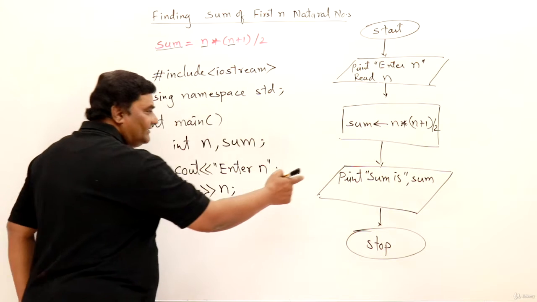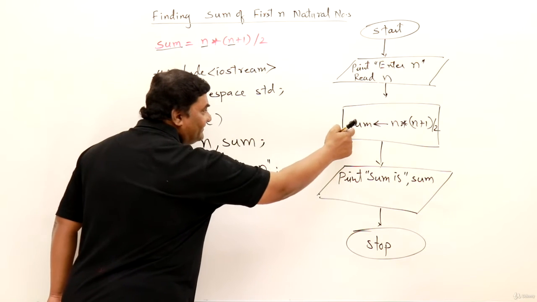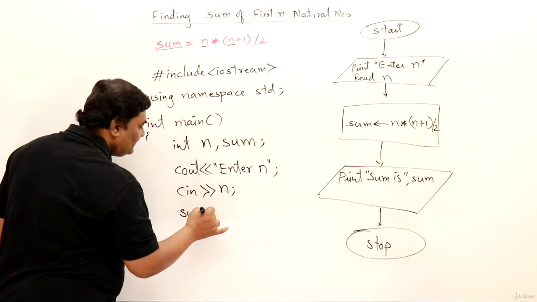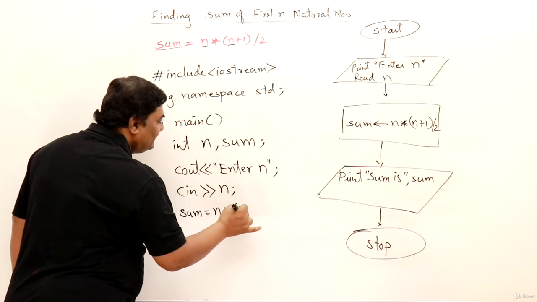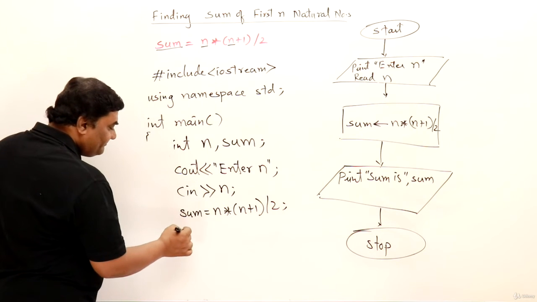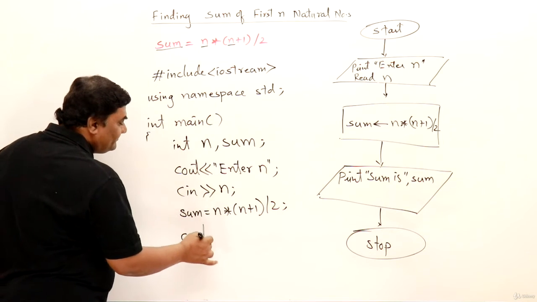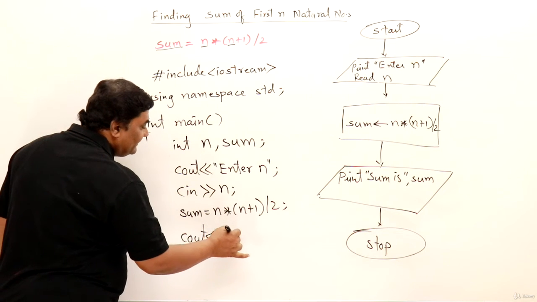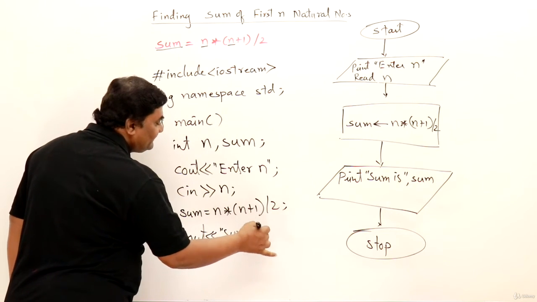Now the next step is the formula: sum assigned n into n plus 1 by 2. Then after that, print the result. I write cout, "sum is", this is the message, closed.